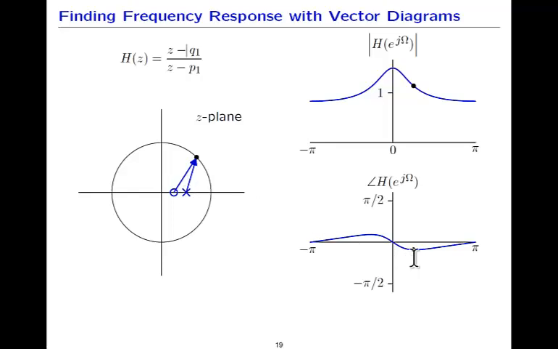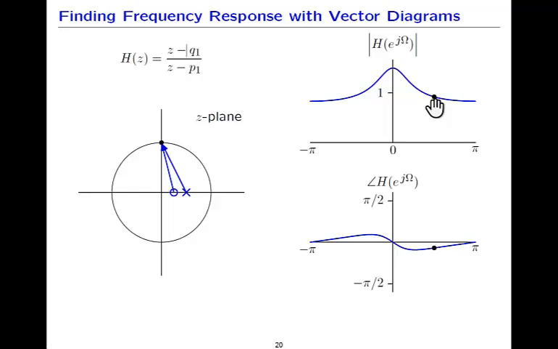Right? So as he works his way around the circle, so here I am, you can see that, again, the two vectors are nearly equal magnitude. In fact, in this case, the length of the vector to the pole is longer than the length of the vector to the 0. So in fact, this is dipping below 1.